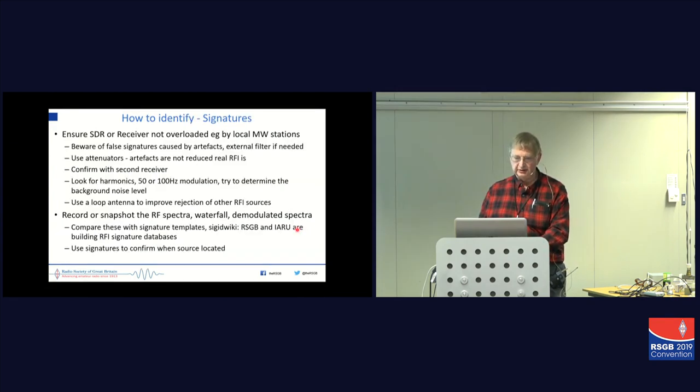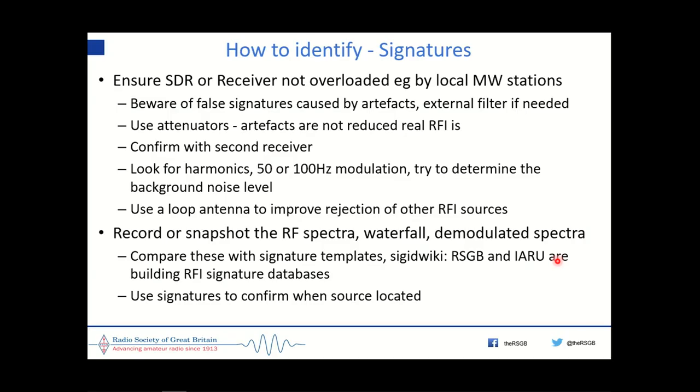So, to quickly summarise, how do you identify the signatures? You find them. You have to be aware of false signals caused by artifacts. You can use attenuators because artifacts are not reduced, whereas the real signal is. You can confirm with a second receiver. You can look for harmonics.